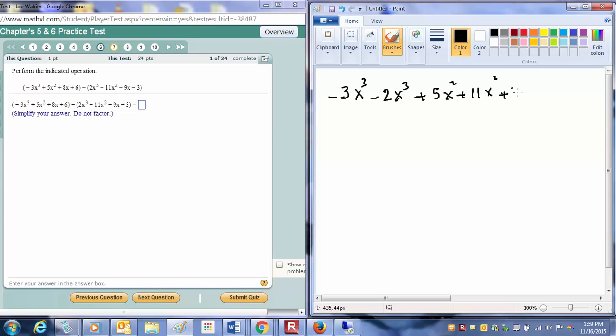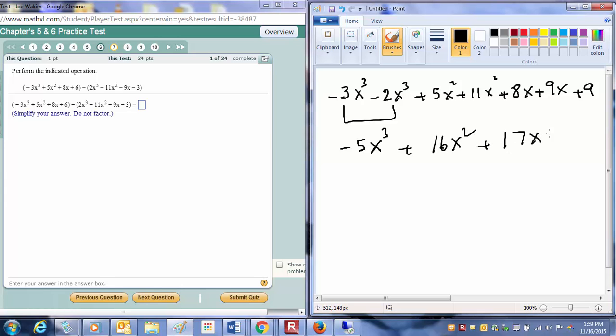So here we have 8x plus 9x. And then we have 6 minus negative 3, which would be 6 plus 3, which would be 9. 6 plus 3 is 9. So here we can combine. This is negative 5x cubed. This is 16x squared. And this is 17x. And plus 9 is the final answer.